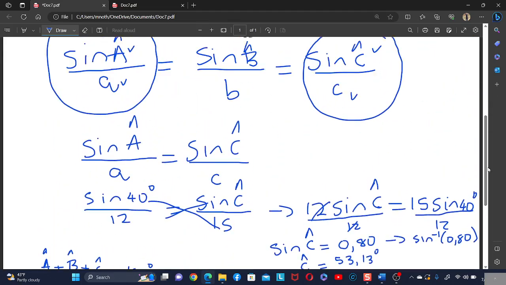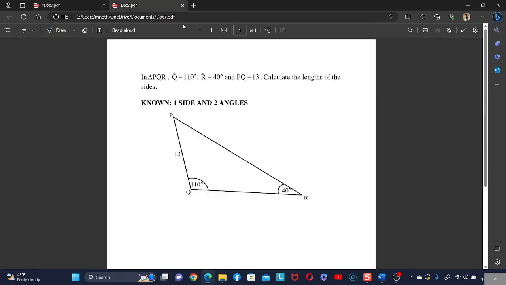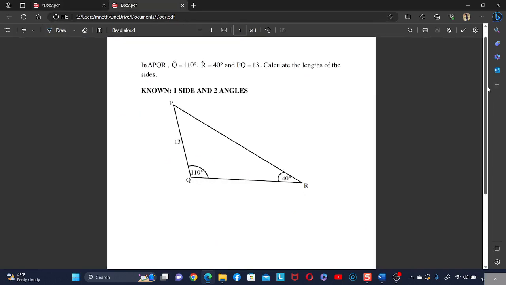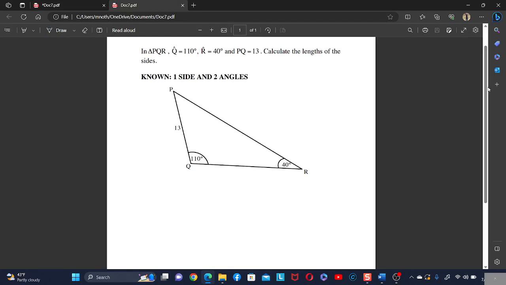And then the next one. In triangle PQR, angle Q is 110 degrees, angle R is 40 degrees, and PQ is 13. Calculate the length of the sides. You can name that this side is a small q, this one is a small p, and this one is a small r.